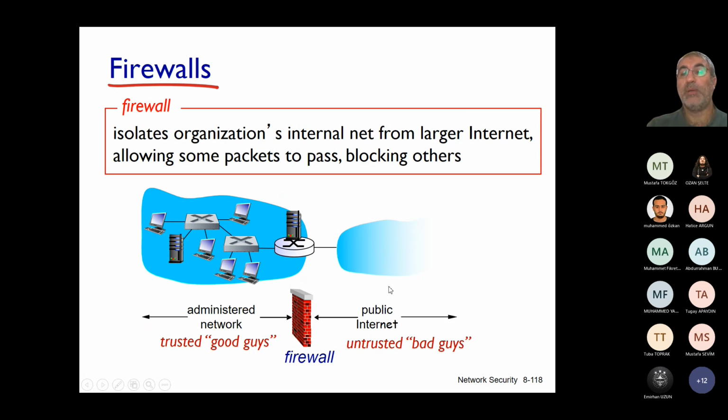The main goal of the firewall is to isolate your internal network from the larger network, so that you can control by allowing some packets to pass while others are blocked.